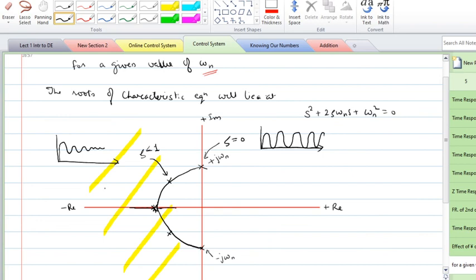If the roots are lying at this position, that is zeta equals 1, then the response will be critically damped. And if the roots are lying at this position, that is for zeta greater than 1, that is for this one and this one, then the response looks like this. This is your C(t) here.